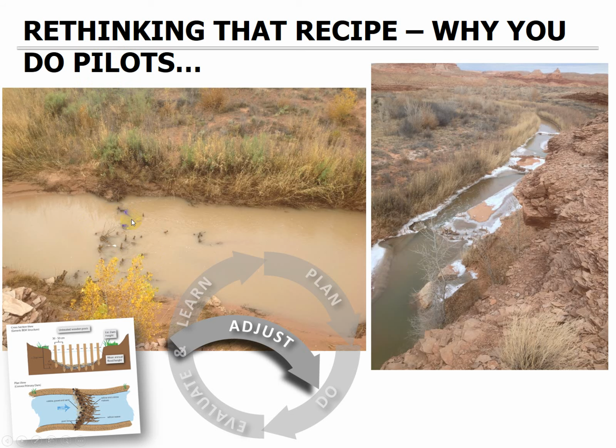Go out and try the things you think are going to work and try things you don't think are going to work. Now, even though this BDA structurally failed, and this one also had a little incision, this one lasted. There were some problems with this one. These are providing some of the best habitat in terms of fish habitat on this heavily impacted river.